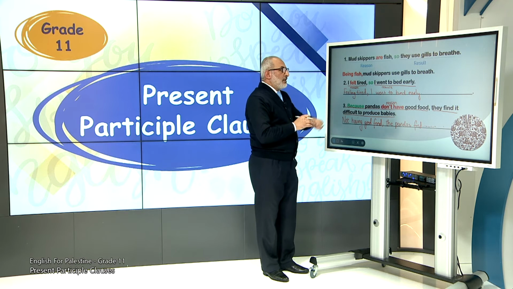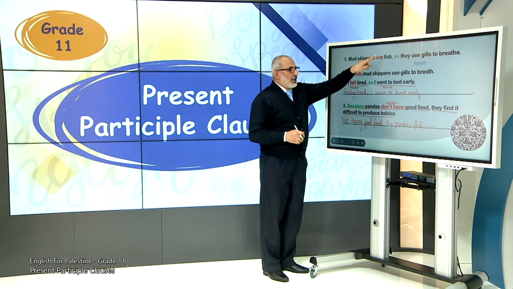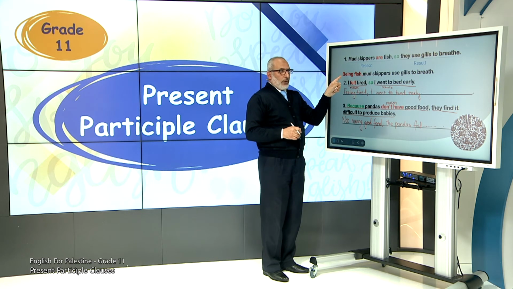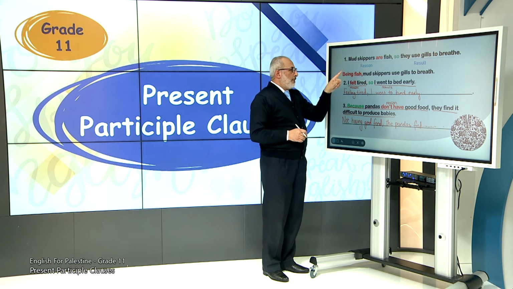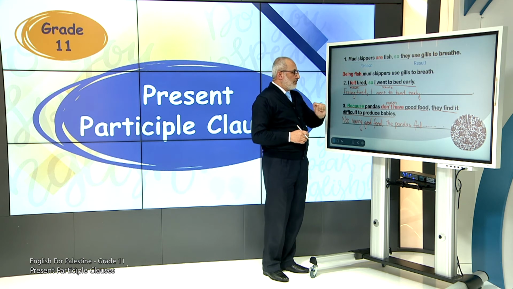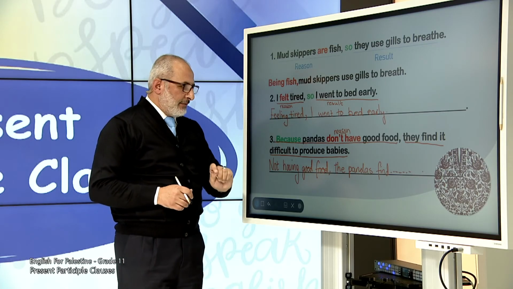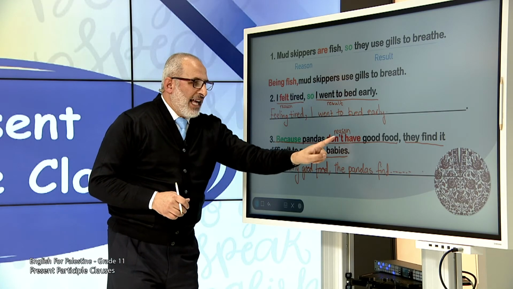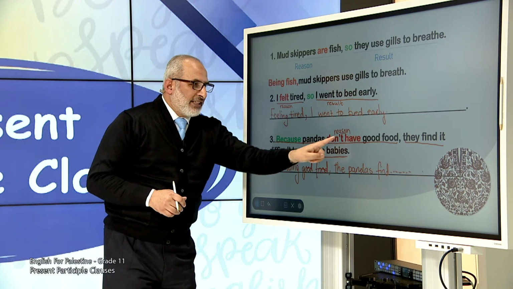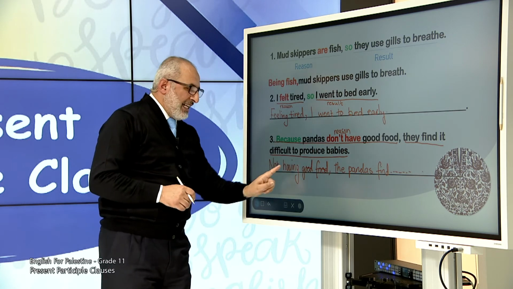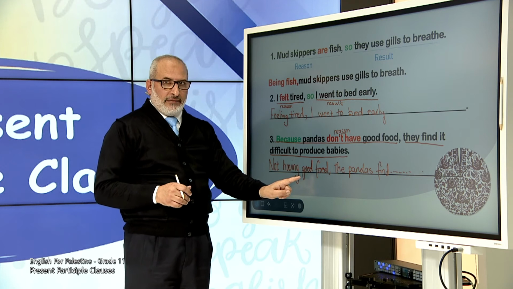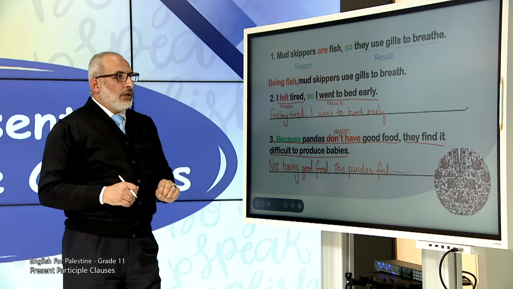How? By changing the verb into the ing form. Are, be, being. Felt, the infinitive feel, feeling. Don't have, not have, not having. Okay? Is it clear? All right.